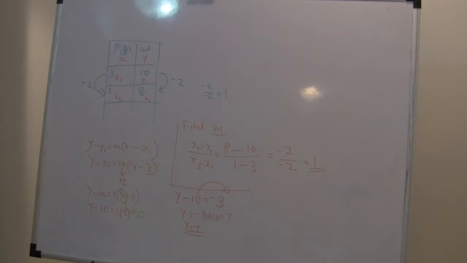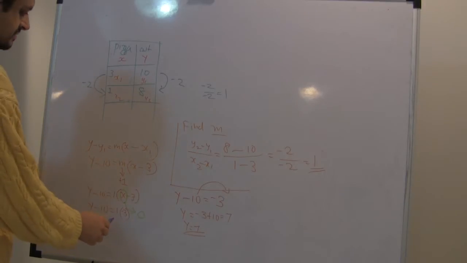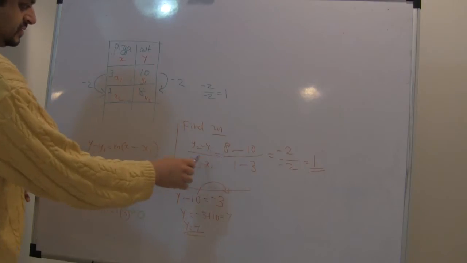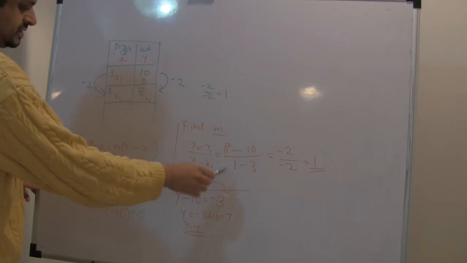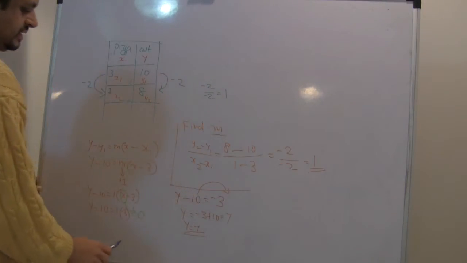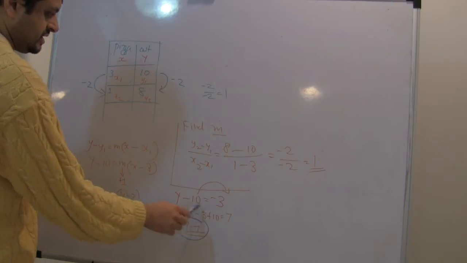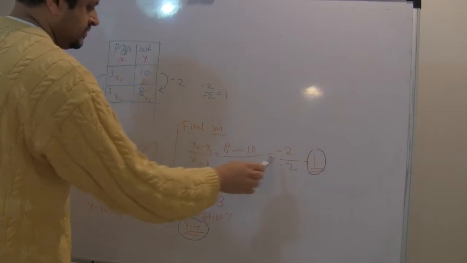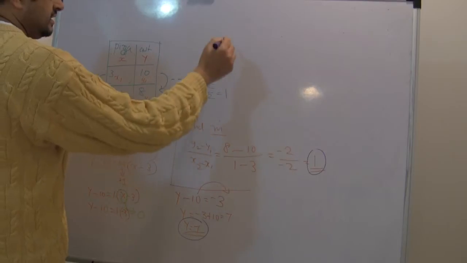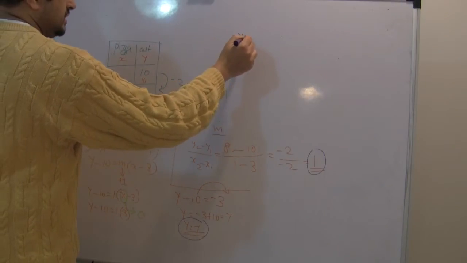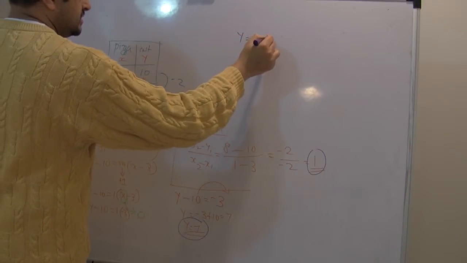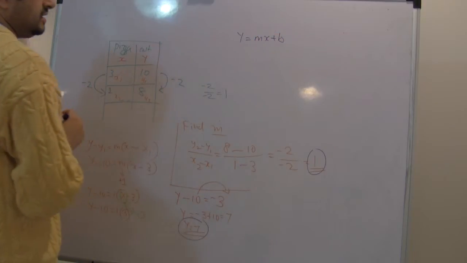So now the last step. We have the slope, which is 1, and we have the y-intercept. Now we can use the equation y equals mx plus b.